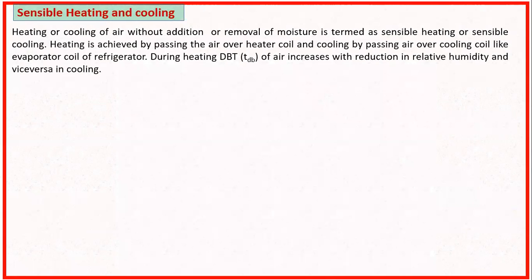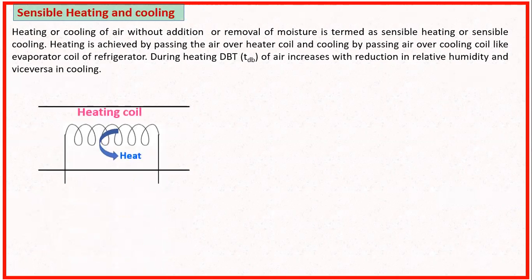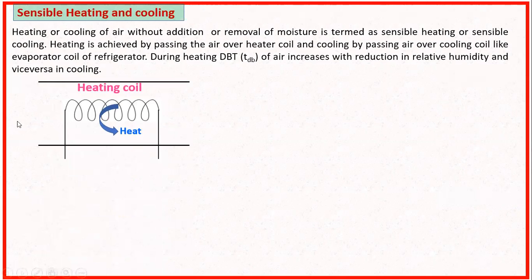Now, the first case is sensible heating and cooling. Sensible heating means just addition of heat. Cooling means removal of heat. This is without changing the moisture level in the air. Now consider a channel where the heating coil is placed. Let the air blow over the heating coil.